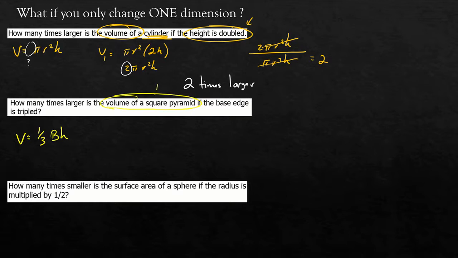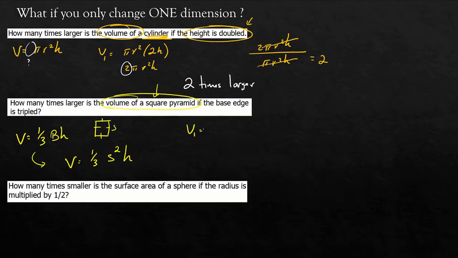They're telling you it's a square pyramid, so that's telling me the base of my pyramid is a square. We'll call the side s, and to find the area of that base is just s squared. So I'm going to rewrite my original formula for volume as 1/3 side squared times height of the pyramid, right? And so that's the original one.